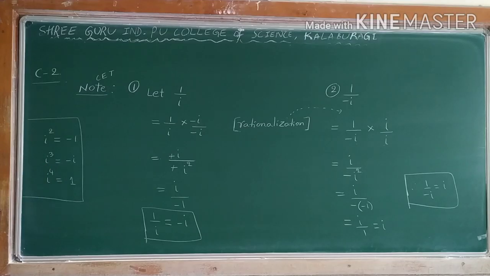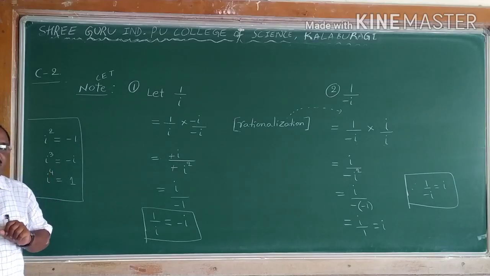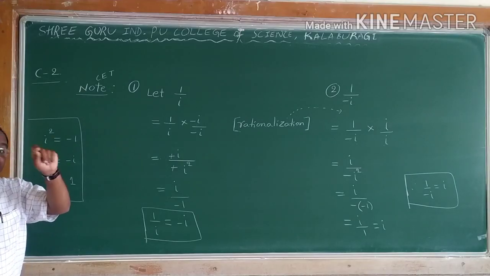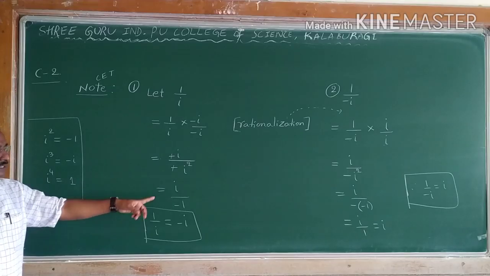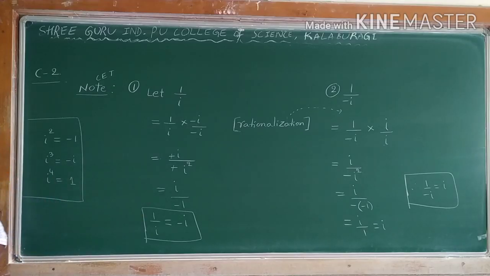Then next solve the examples for iota. i power n, n means positive integer, positive integers over, next negative integers. Solving the negative integers helps these two values.